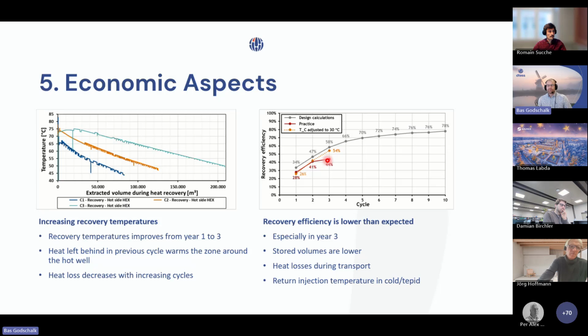And in the last year, there were also some extra heat losses, and there was some issue with the delta T. That's why we had slightly smaller ones. But if you recalculate to our original starting points, then we see that we are quite fitting the efficiency curve as we had predicted before.